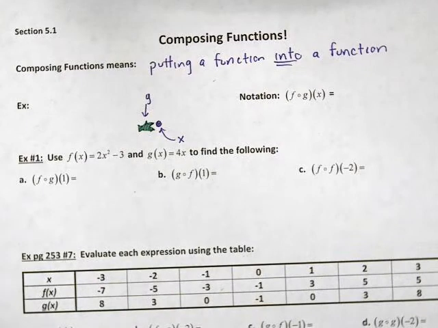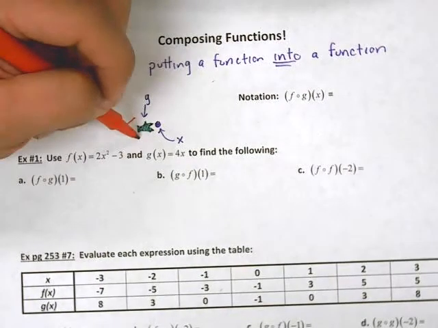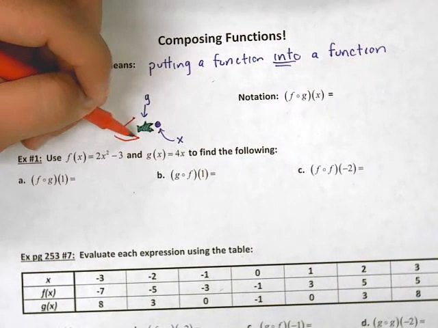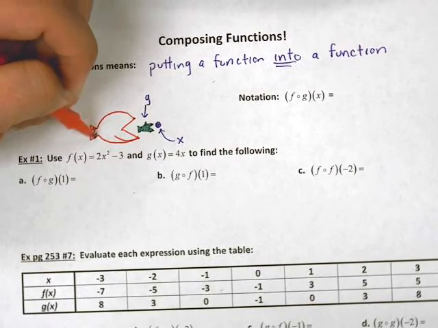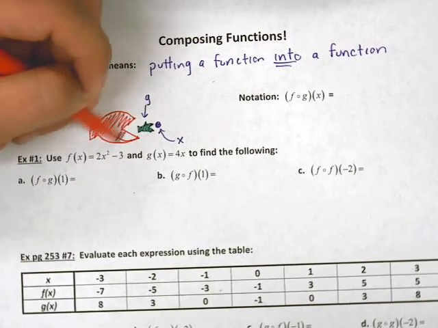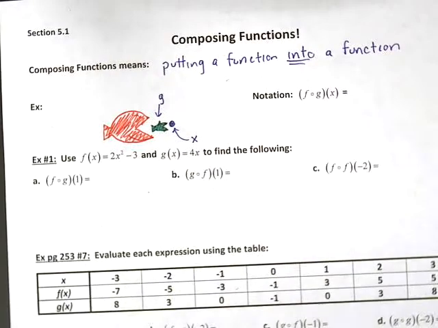Well, what's going to happen after that? Well, a bigger fish is going to come by. Oh my gosh, I can't draw. Something like that. And he's going to eat that fish.